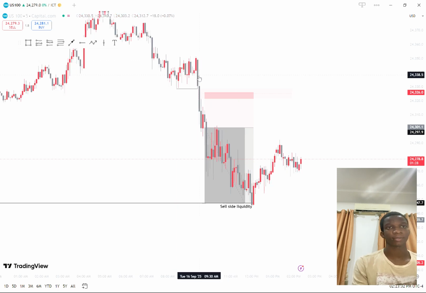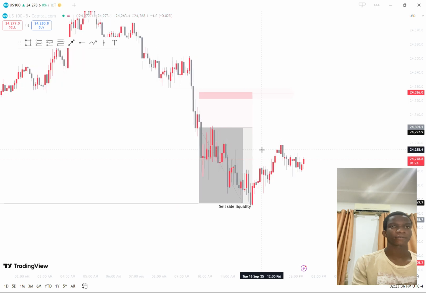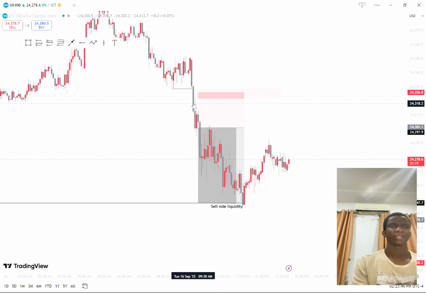I was interested in taking buys, but the thing is, eventually we started forming this 5-minute fair value gap here. So I'm like, we might cook with this, may or might not. So normally whenever a 5-minute fair value gap is formed, I like to see it either inverse to use for a buy or not even get traded into at all.